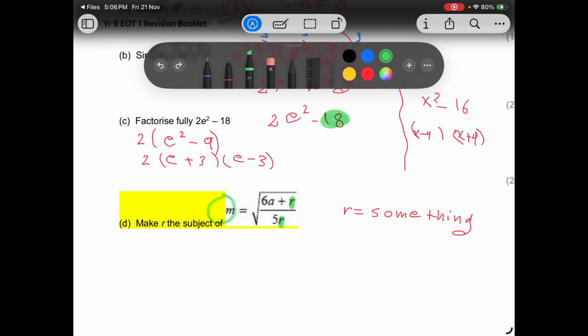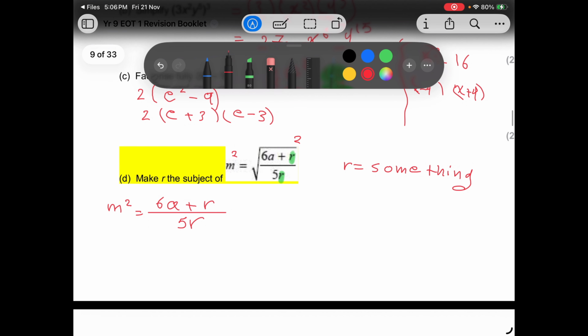So if you apply power 2 here and power 2 here, we can eliminate the radical. It will be like this: M squared equals 6a plus r over 5r. We are on the way, on the journey to realize the dream, making R equals. I can see R here on the top and R here in the bottom.